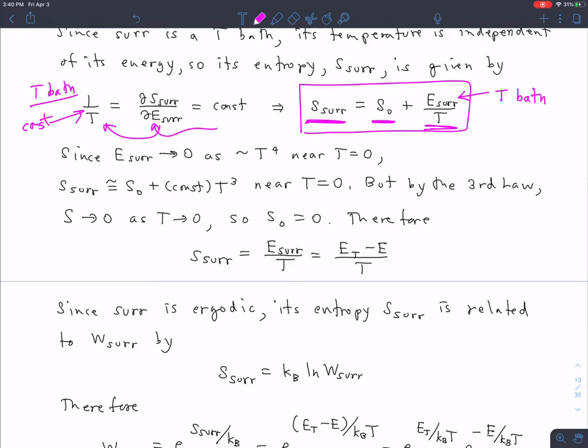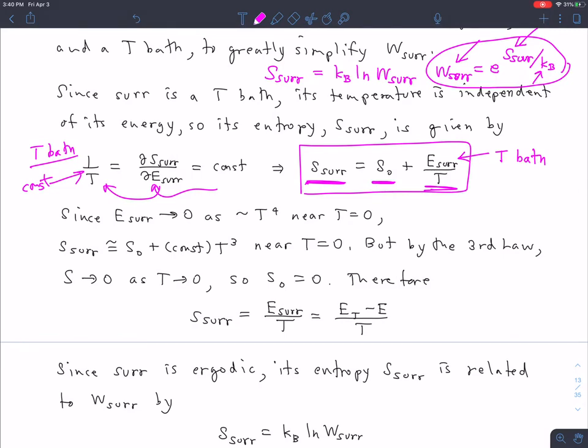All right. Now, it turns out that as the temperature gets close to 0, the energy of the surroundings also has to get close to 0, and it gets close to 0 in such a way that this term disappears. Well, if the temperature is equal to 0, then the entropy must also be equal to 0 by the third law.